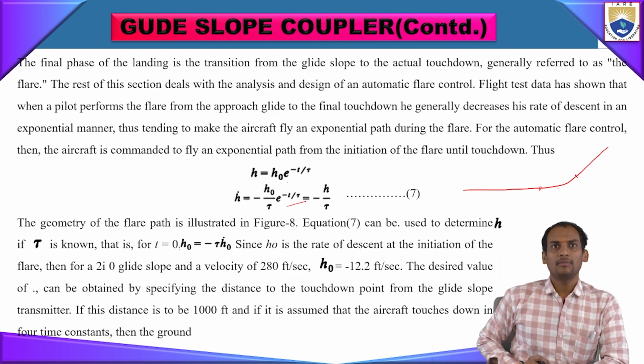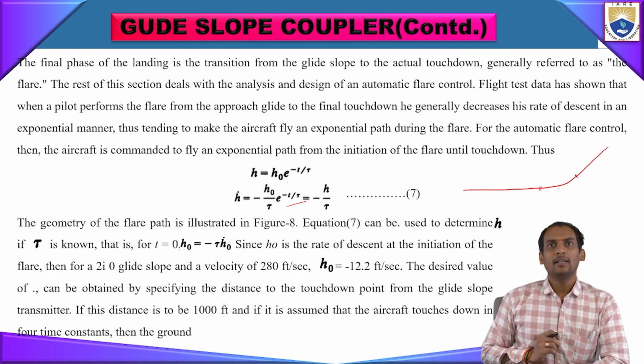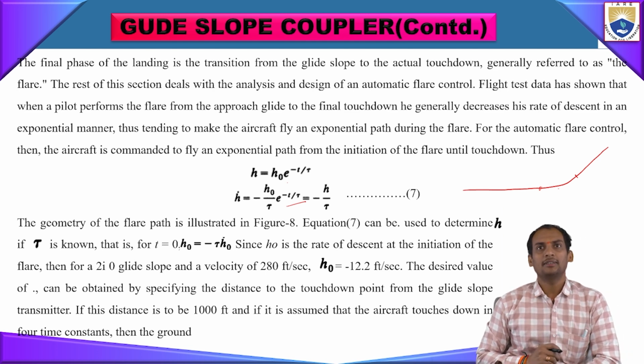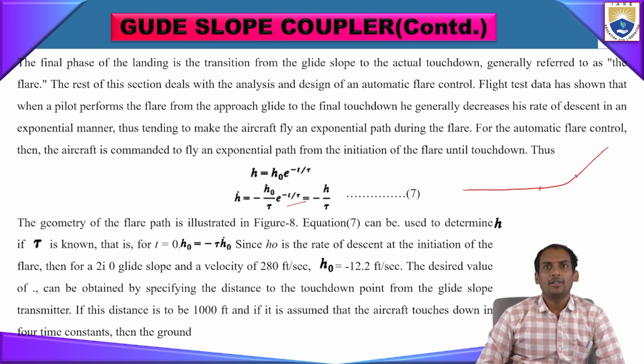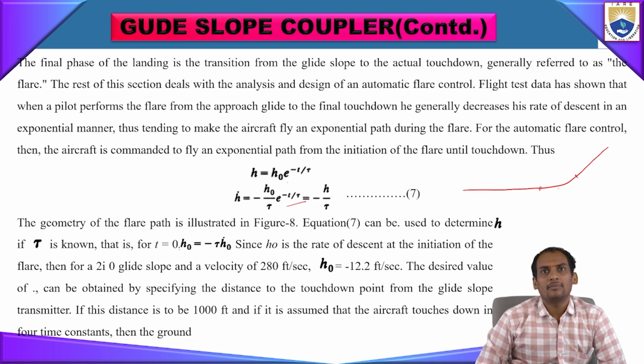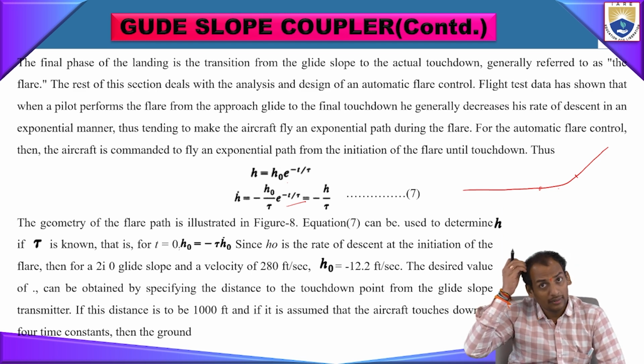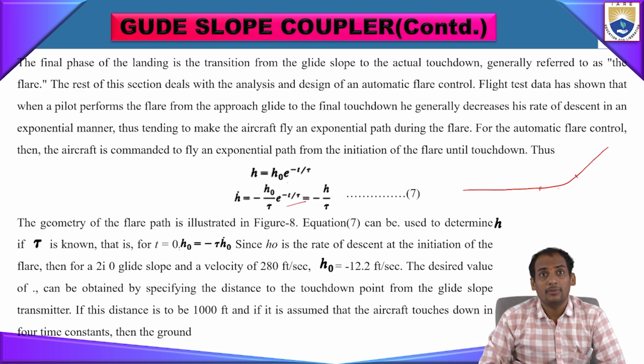For t equal to 0, the initial condition, h naught will be tau times h dot naught. Here h naught by tau times e to the power minus t by tau. So h dot naught is the condition at t equal to 0.